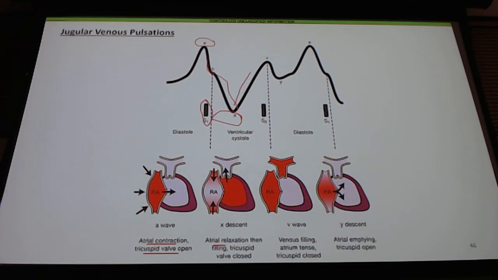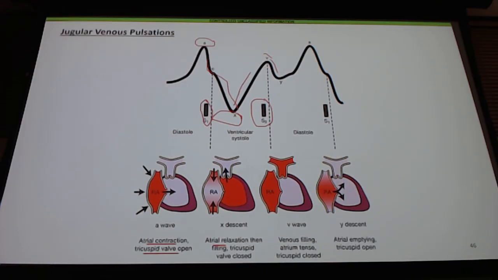At this point, you get a closure of the aortic and the pulmonic valve, and so you have officially started the diastole phase, but that tricuspid valve is still closed. And that pressure is going to increase because you're getting all that venous return and it's not going anywhere. And then all of a sudden, the tricuspid valve opens right after that V wave, right after that peak, and now you get that sudden drop of pressure in the right atria.